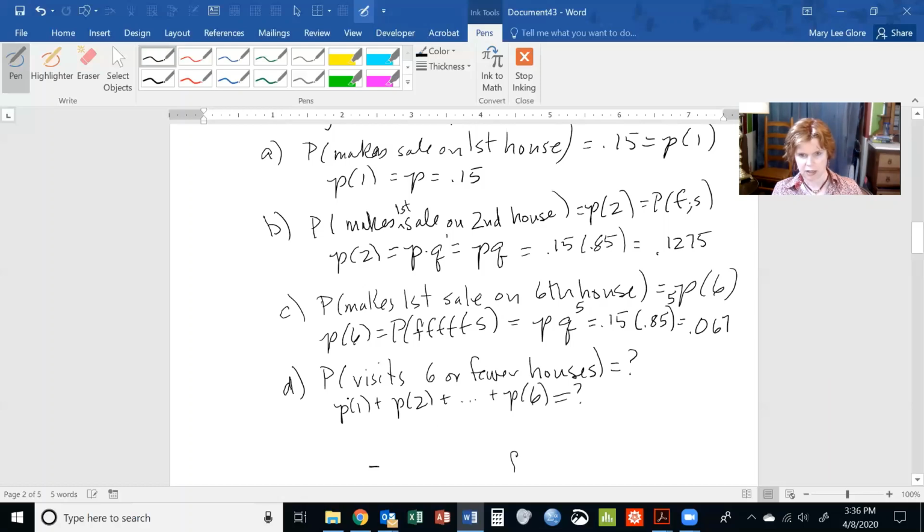I could calculate these, saying this is P, PQ, PQ squared, and so on. But there's a rule for it, so I'm going to teach you that rule.